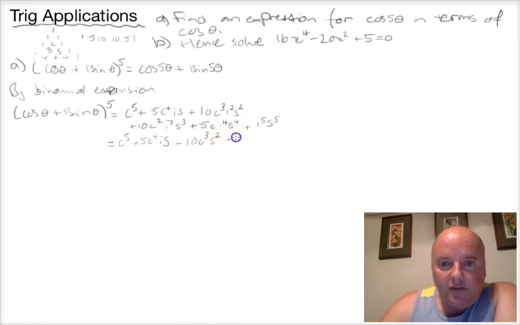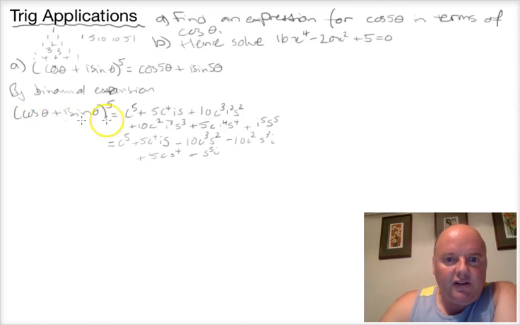So we get a minus 10 cos squared sine cubed i. i to the power of 4 is i squared times i squared, which is minus 1 times minus 1, which is a plus 1. So that's a plus 5 cos sine to the power of 4. And that's really i to the power of 4 times i, so that becomes a plus sine to the power of 5 times i.